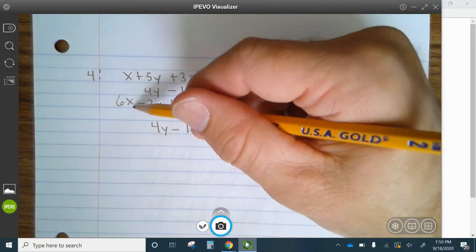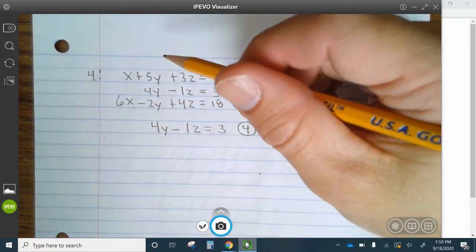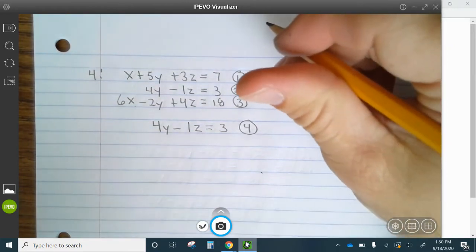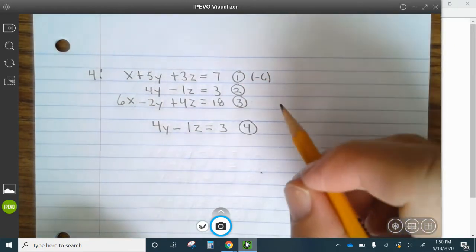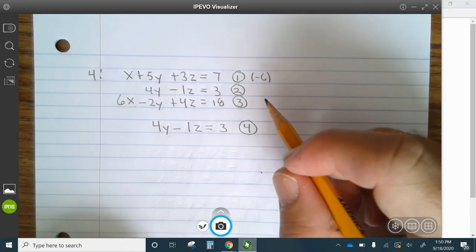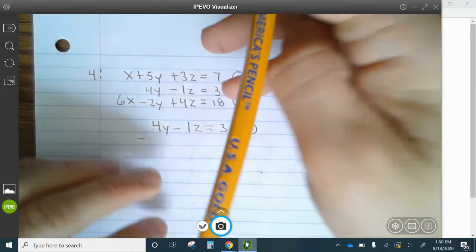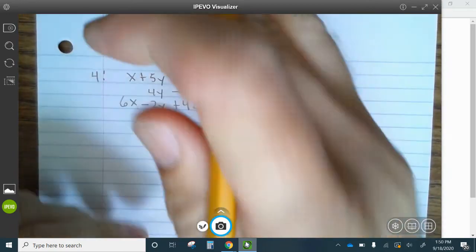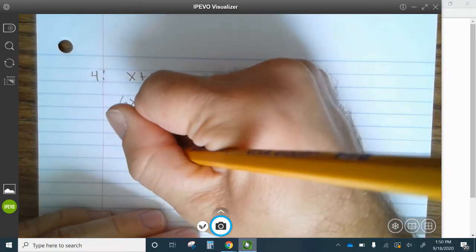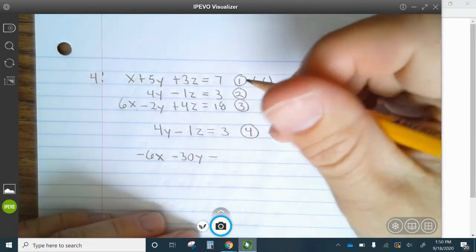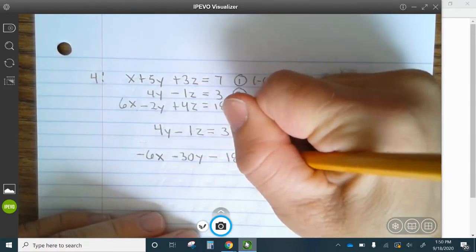So negative 6 times x is negative 6x, minus 30y, minus 18z equals, see, 7 times negative 6. I always forget what 7 and 6 multiply to be. I don't know why, but I do. 7 times 6 is negative 42.